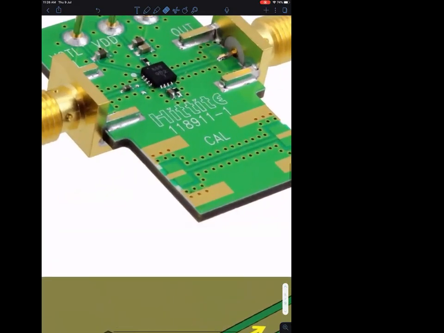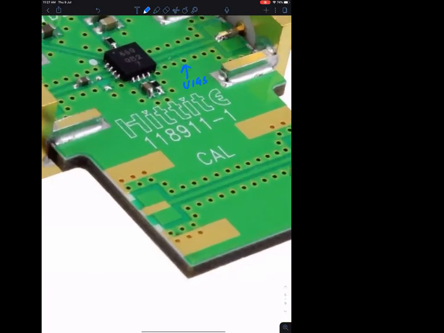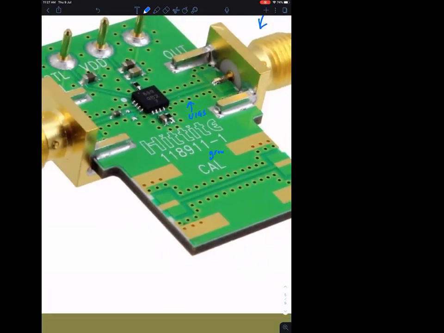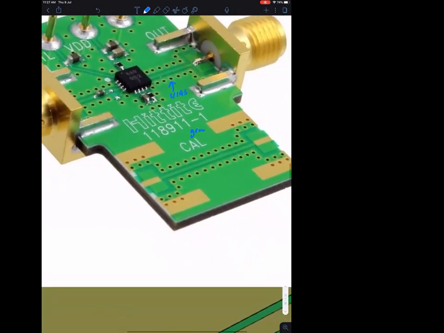You can see all these holes are the vias. The vias connect the top ground, these are all ground, I think, to the bottom ground plane to give solid grounding.